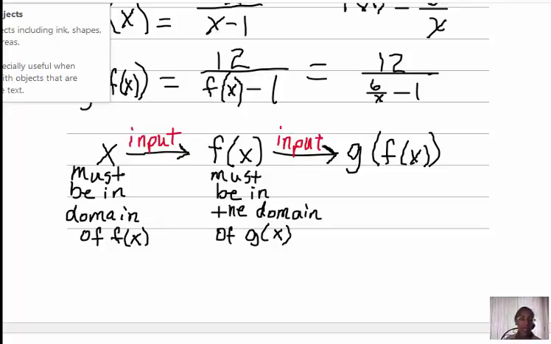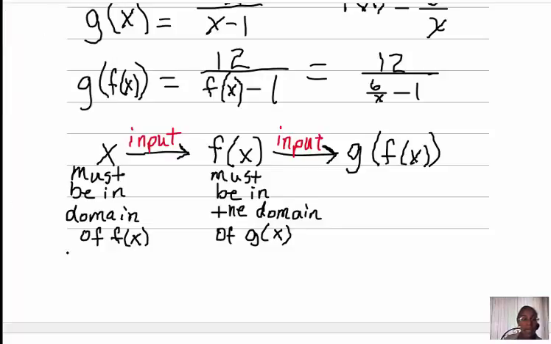So that means x must be in the domain of f of x, and f of x must be in the domain of g of x. So that's really what that's telling me. x has to make f make sense. f of x has to make g make sense.